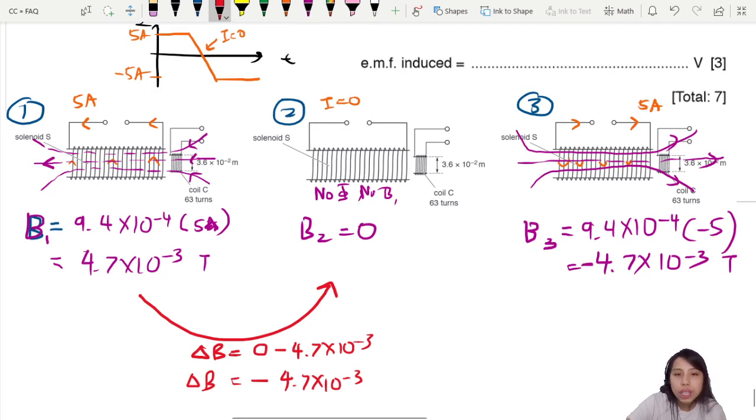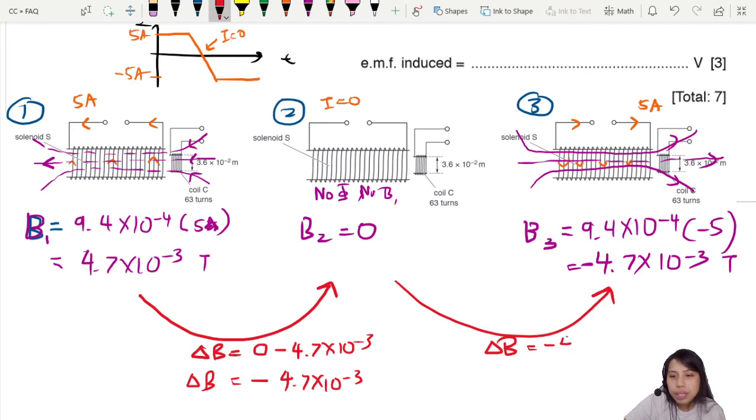If I want to find the change in B from here to here, this will be negative 4.7 times 10 negative 3 minus 0. So there is another change, which is negative 4.7 times 10 negative 3. Same amount.